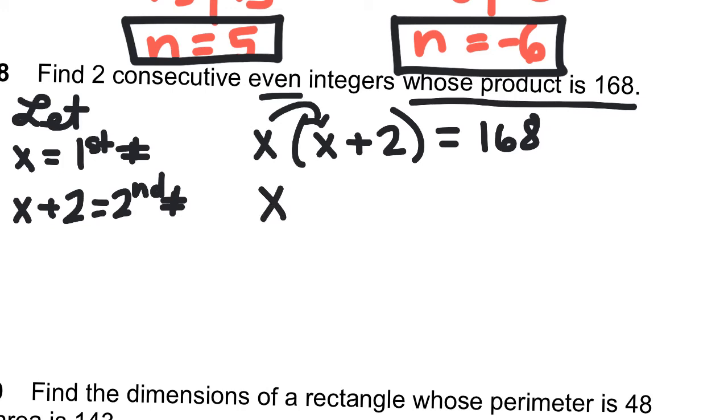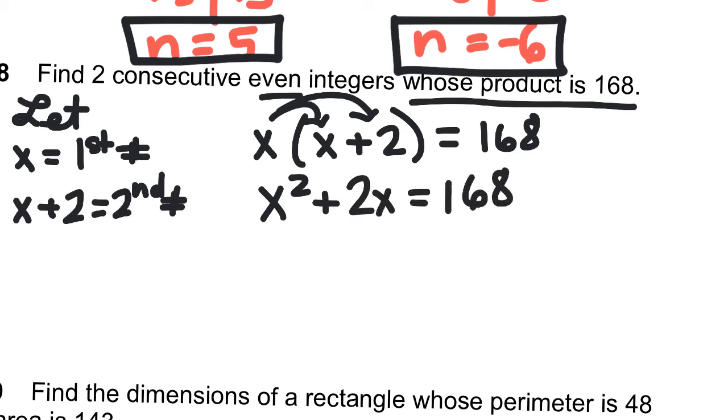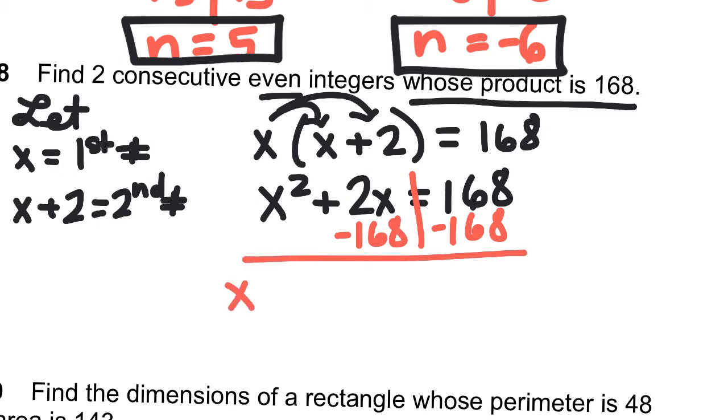First we will distribute the x to each term. We can see that this is a quadratic equation, so we'll subtract 168 from both sides so that we can set this quadratic equation equal to 0 to solve for the zeros.